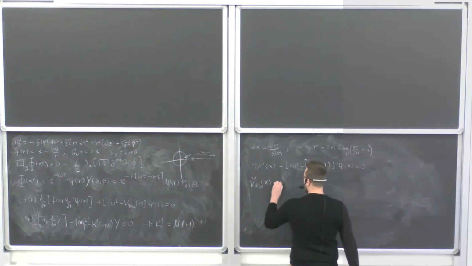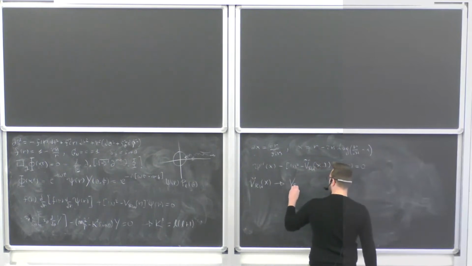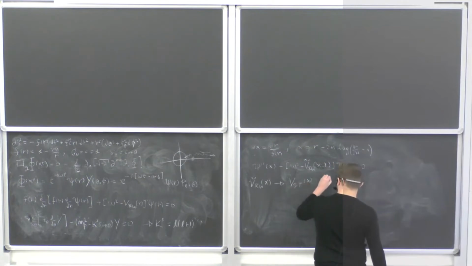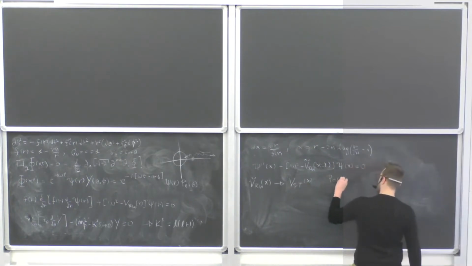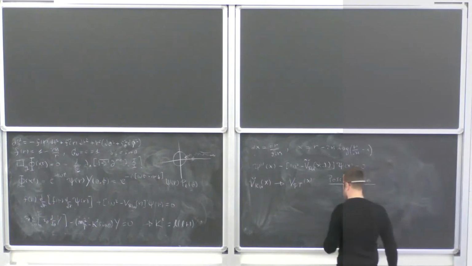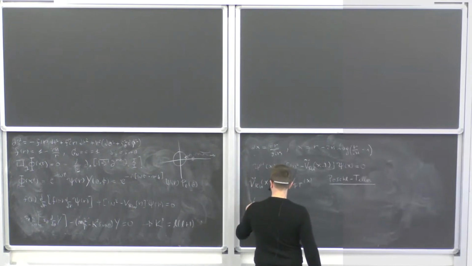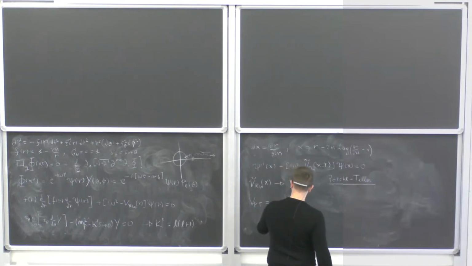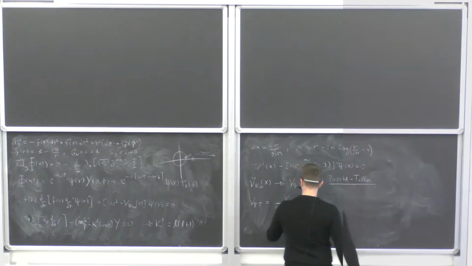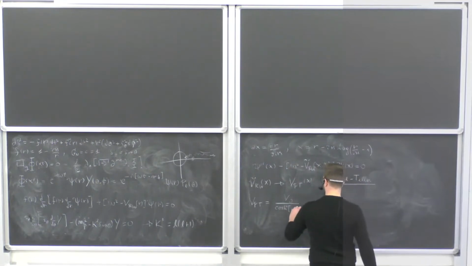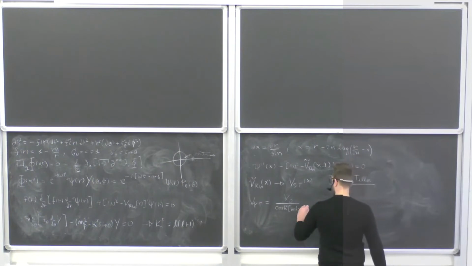We replace it with another potential called the Pöschl-Teller potential, which is very similar and is defined by this function here. It's basically V0 divided by the hyperbolic cosine squared of alpha times x minus x0.